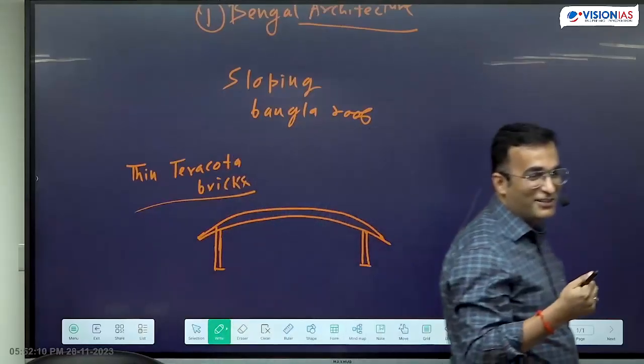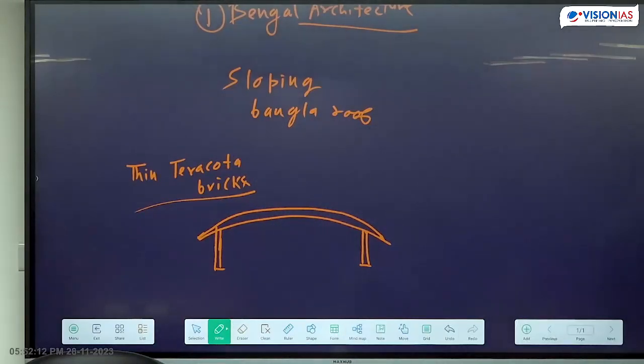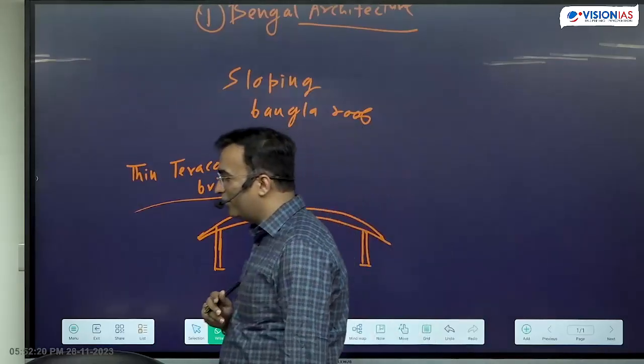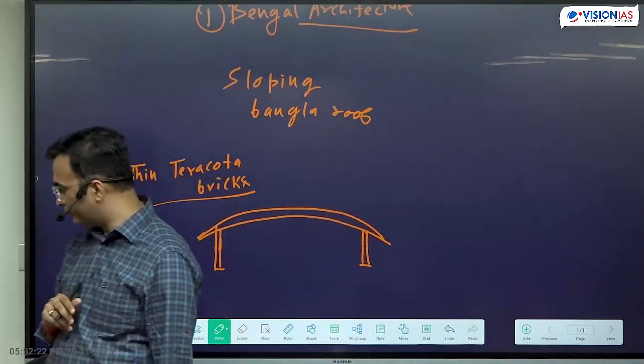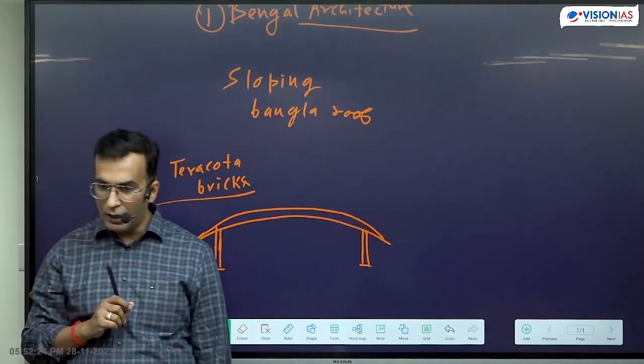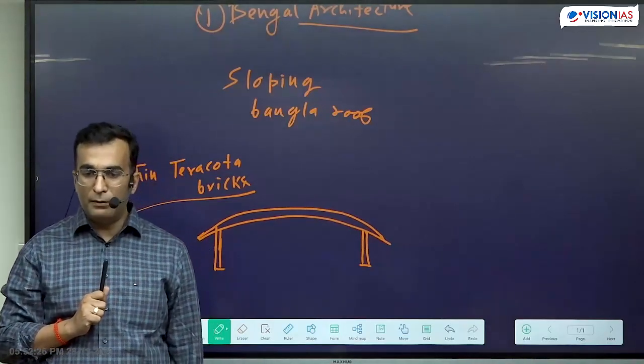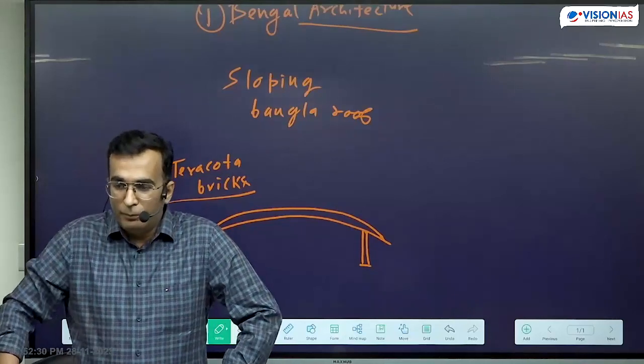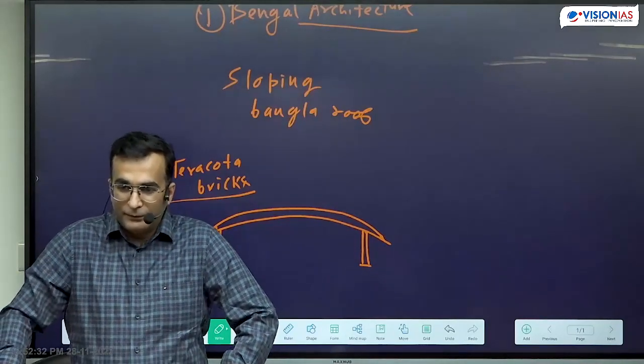So mention further, stone. Then you write the speciality of the Bengal architecture. The speciality of Bengal architecture was creation of sloping Bangla roofs.